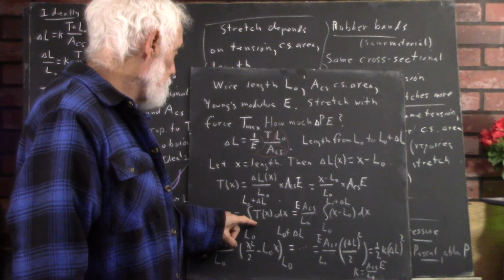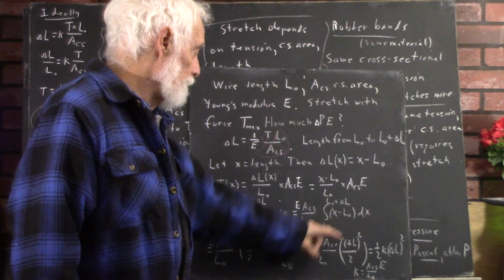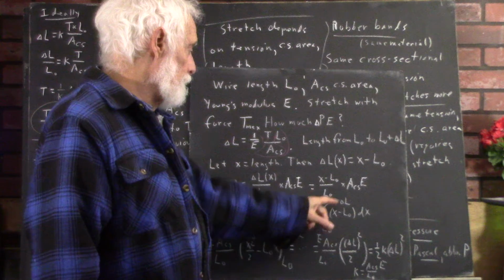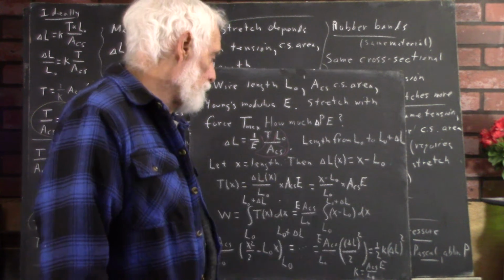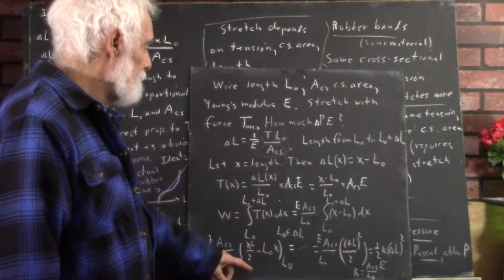Okay, substituting for T of x, the expression we have here, we get this, and the integral from L naught to L naught plus delta L of x minus L naught dx, going to equal this.